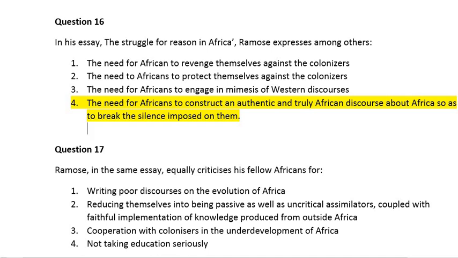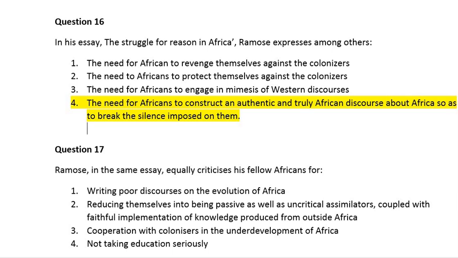Question number 17. Ramose, in the same essay, equally criticizes his fellow Africans for: number 1, writing poor discourses on the evolution of Africa. Number 2, reducing themselves into being passive as well as uncritical assimilators, coupled with faithful implementation of knowledge produced from outside Africa.